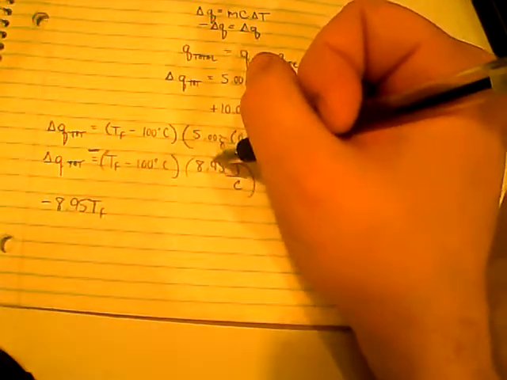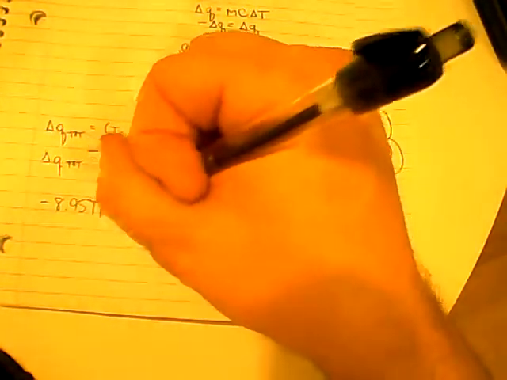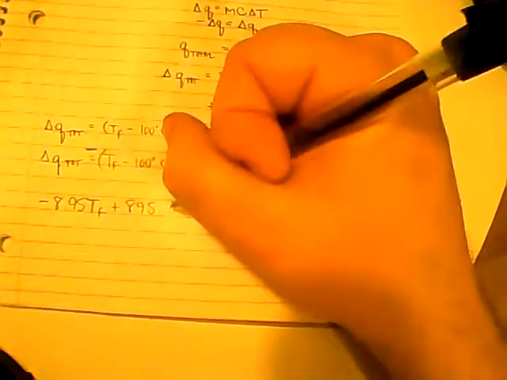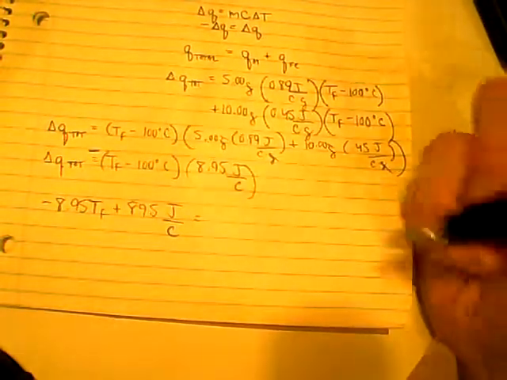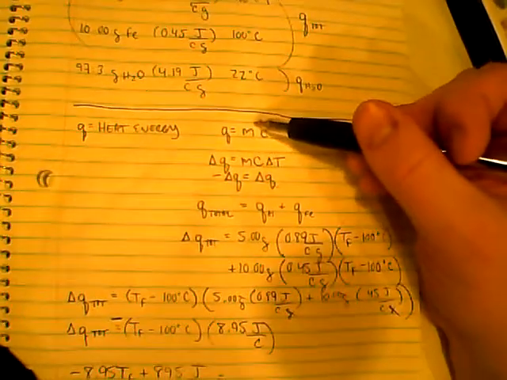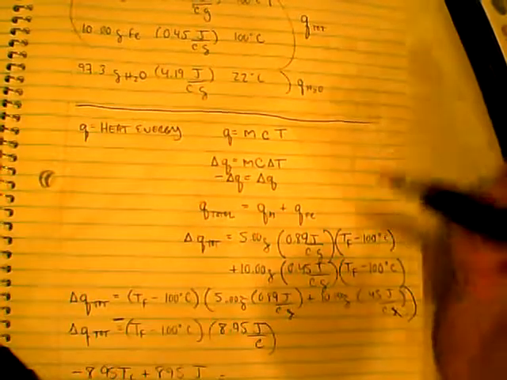So 8.95 times 100, but negative of that. So plus 895 joule degrees is going to be equal to this expressed as mass times specific heat capacity times temperature.